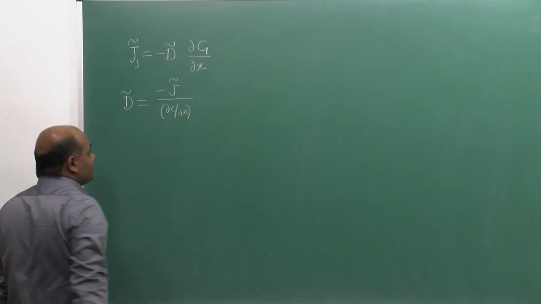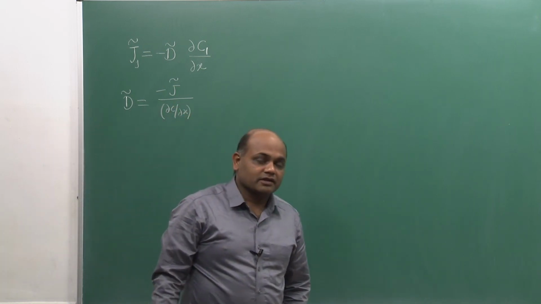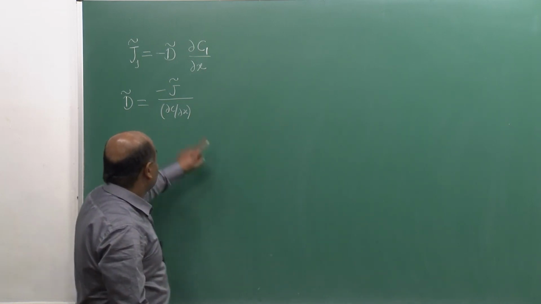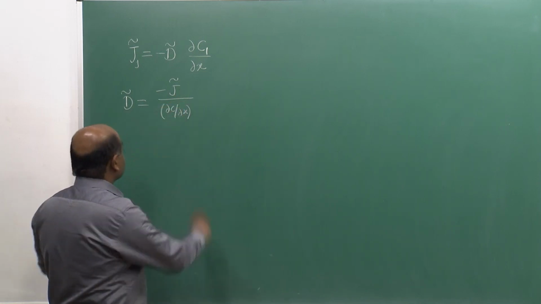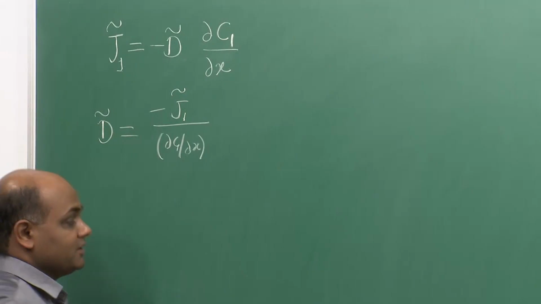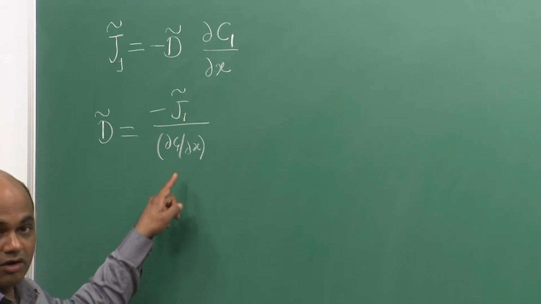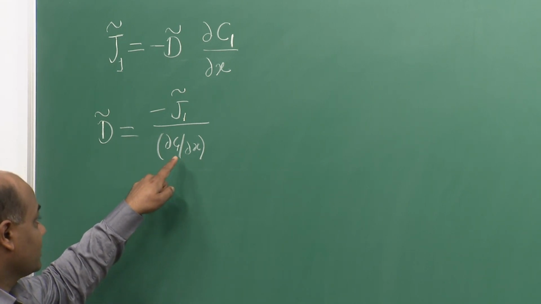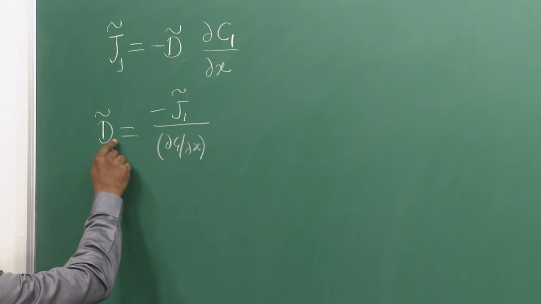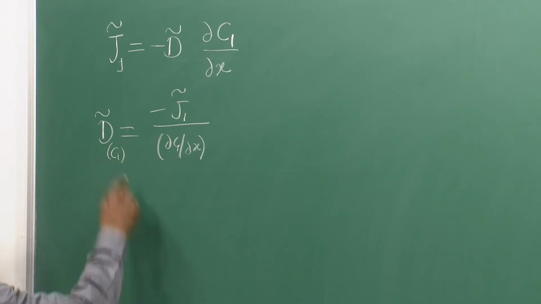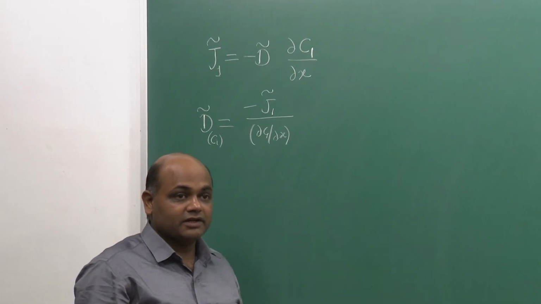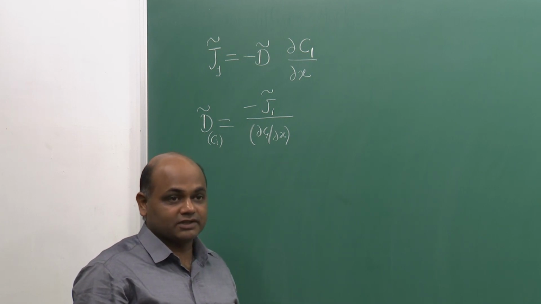So, at every composition plane within the binary diffusion zone, we can determine the value of interdiffusion flux of any component, let us say 1 here, and the gradient of that component at the same plane, and we can divide to get the interdiffusion coefficient at that particular composition. And we can do this throughout the diffusion zone, and we can get the binary interdiffusion coefficients as functions of composition.